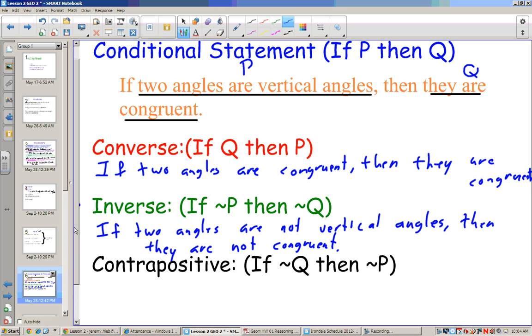Now my last one, if not Q, so I'm going to negate this thing first. If they are not congruent, then they are not vertical angles.